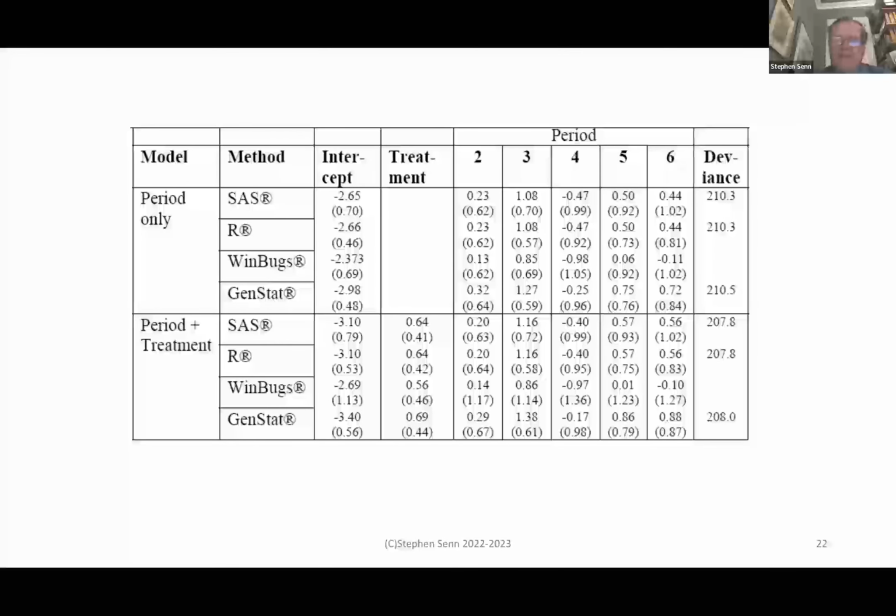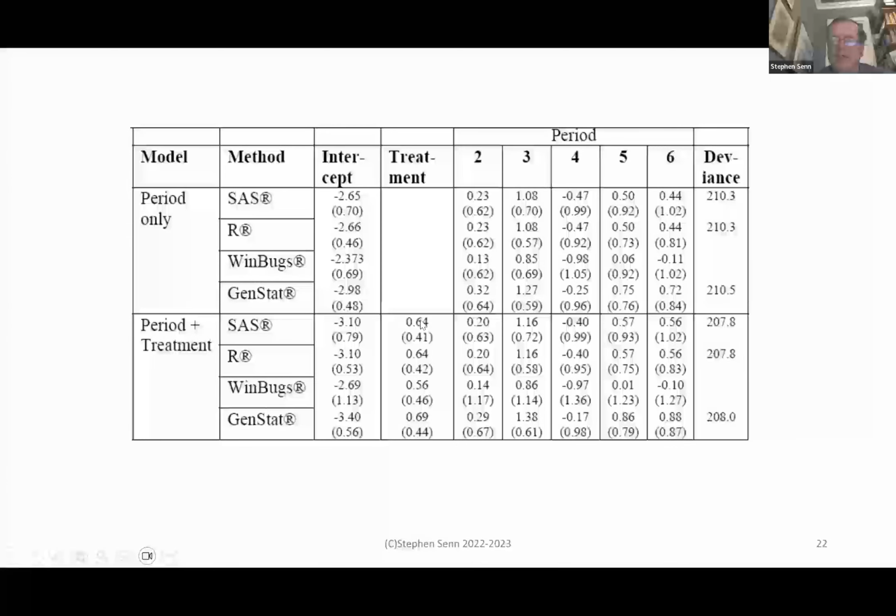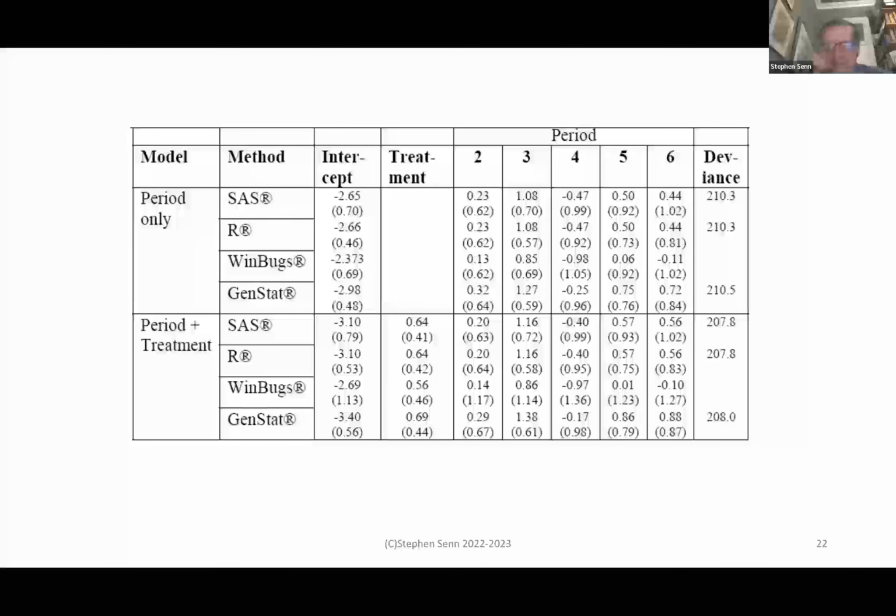And you can see that the treatment estimate is the same here, 0.64 for the 2, a slightly different standard error. The intercept, for some reason, the standard error is bafflingly different in SAS and R. I've no idea why. I did think about this at one time, but I've completely forgotten what conclusion I came to.